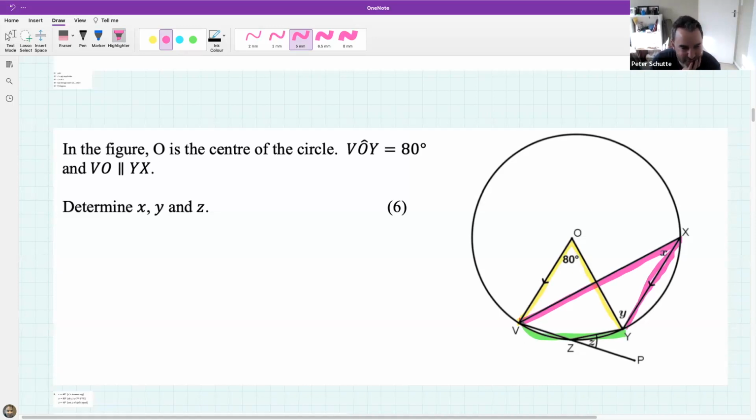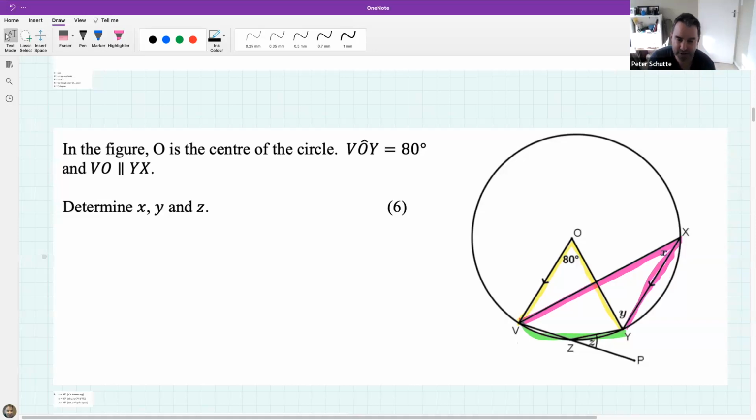I know it's sneaky. This is a sneaky one, Morgan. Ask yourself, what theorem does this remind me of? I want to say that the arc VY is the arc that is subtending an angle at the center, and it's subtending the angle where else?